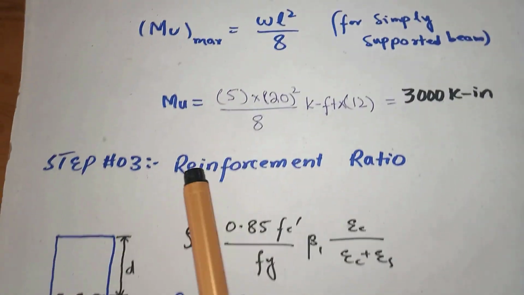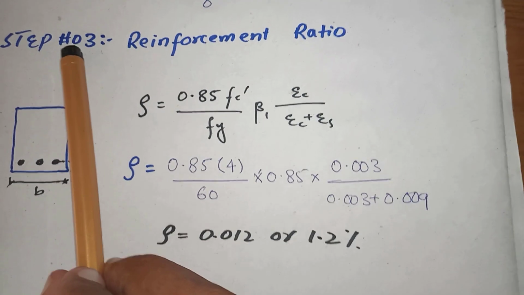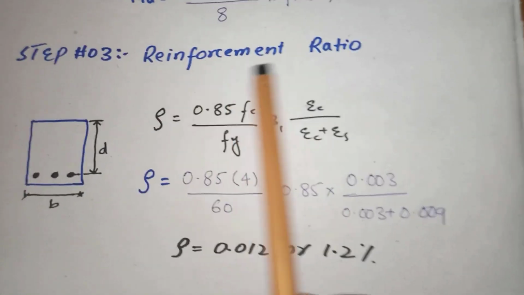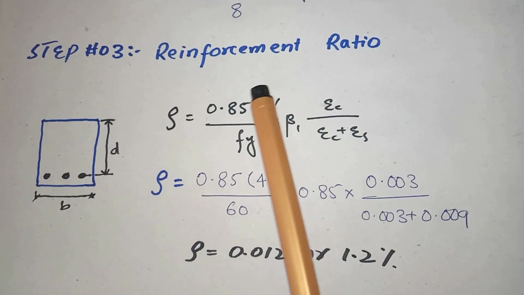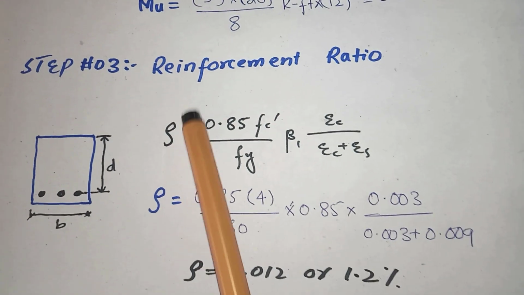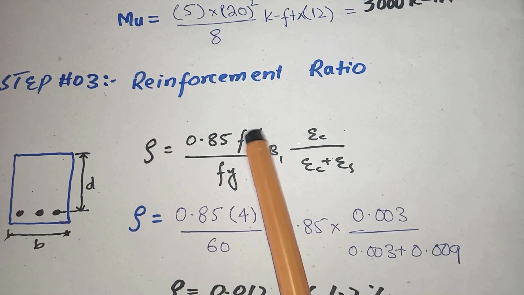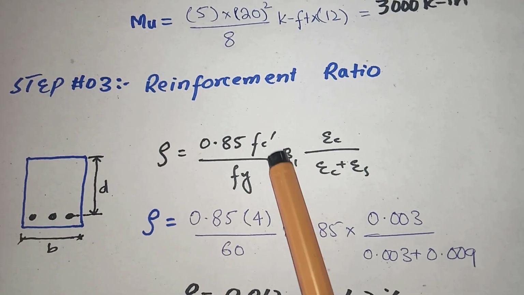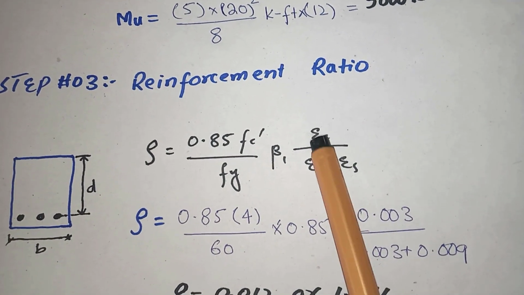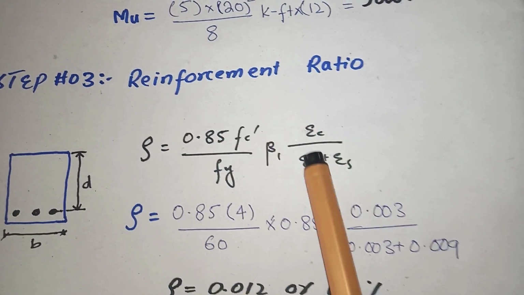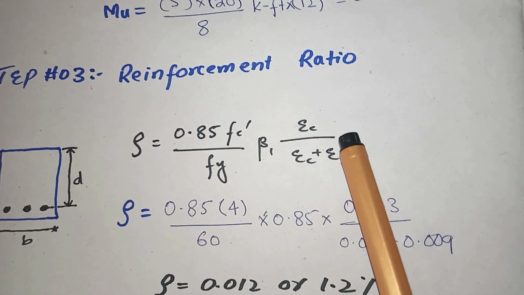Now we will move to our third step. What was our third step? It was the reinforcement ratio. We have the reinforcement ratio formula according to ACI: 0.85 Fc prime divided by Fy, times beta 1, times EC, the strain of concrete, over EC plus ES.